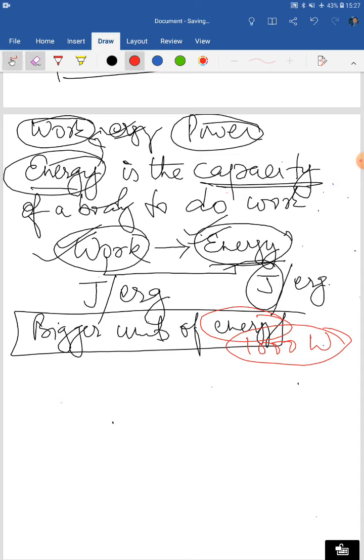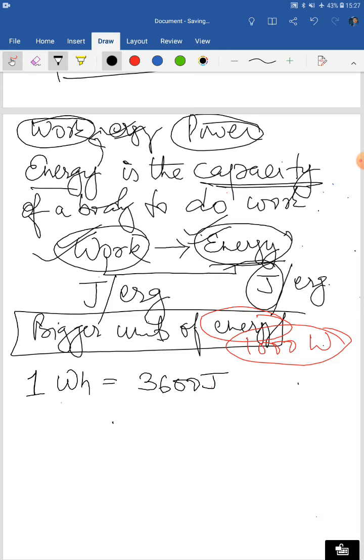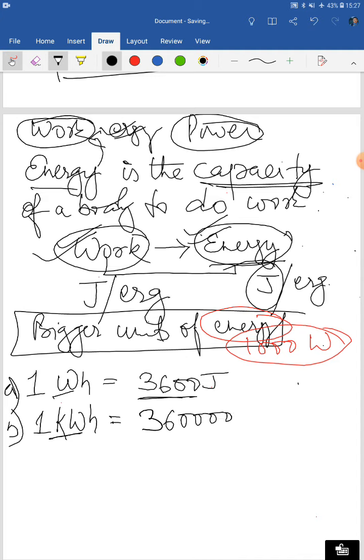Okay, so 1 watt hour equals 3600 joule. Okay, this is number A. Number B is 1 kilowatt hour. Watt कोही ठुलो चाहिँ किलोवाट भयो नि त. So kilowatt is 1000. So 3600 multiplied by 1000 will give you kilowatt hour.